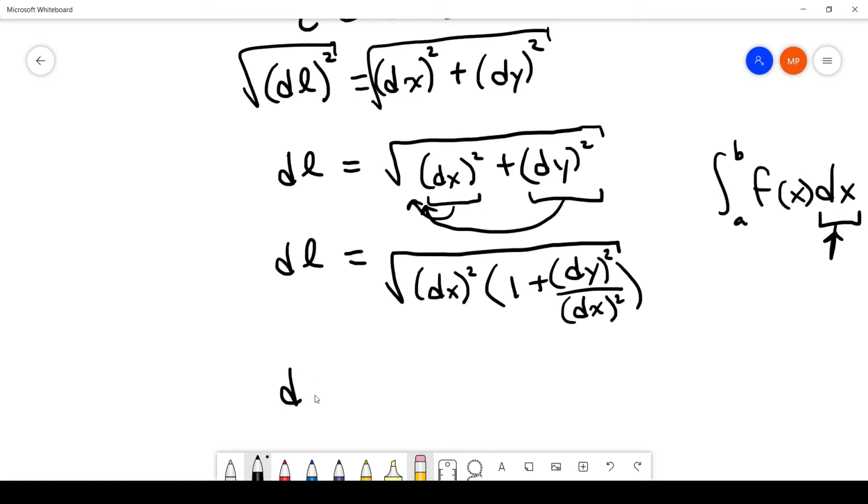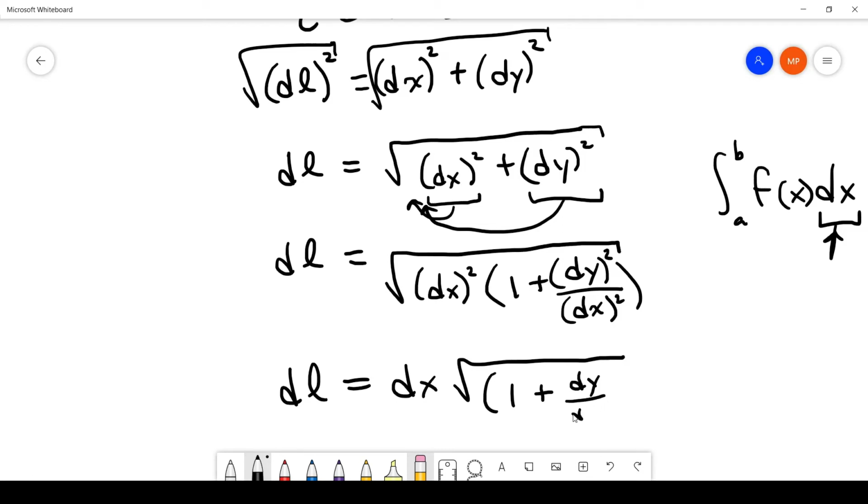And so we're going to say dl is equal to, and we're going to be able to take out that dx squared from the square root. So dx times 1 plus, and then if we just want to simplify this, we can say that dy squared over dx squared is dy over dx, all of that fraction squared.